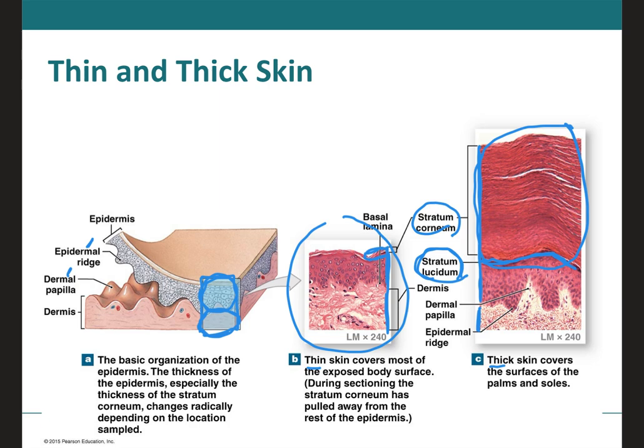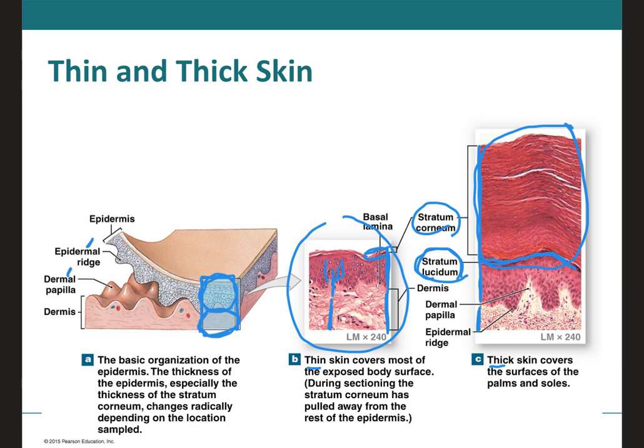Remember that the epidermis does not have blood vessels, that the cells that are present in the epidermis are going to receive their nutrients from the blood vessels that are present down here in the dermis by diffusion. So the blood vessels come all the way up to the stratum basale, and the nutrients are going to diffuse into the epidermis.